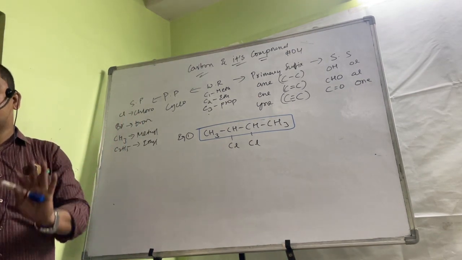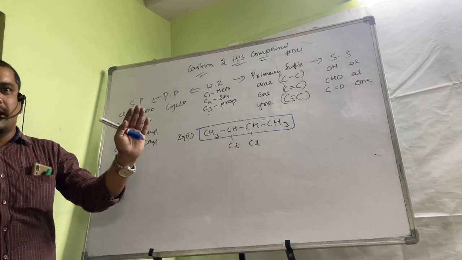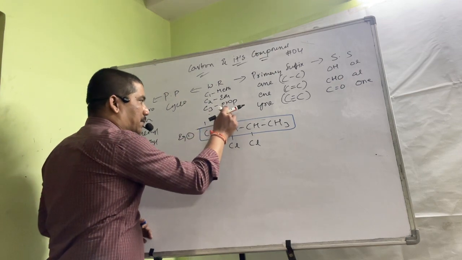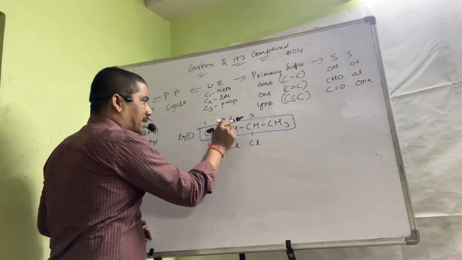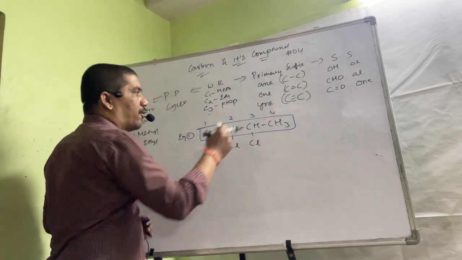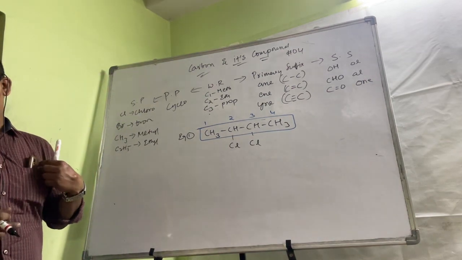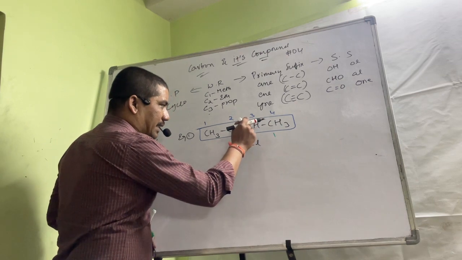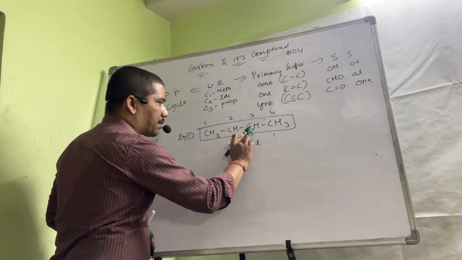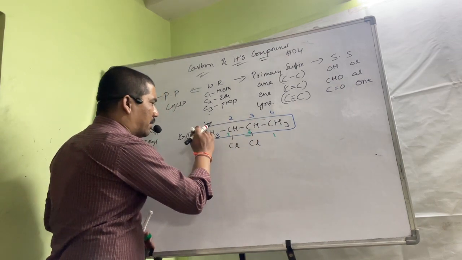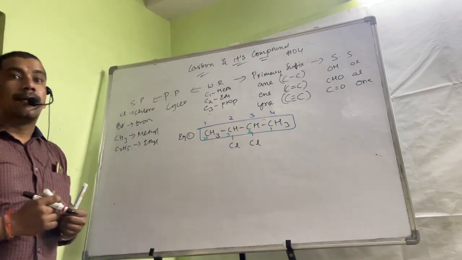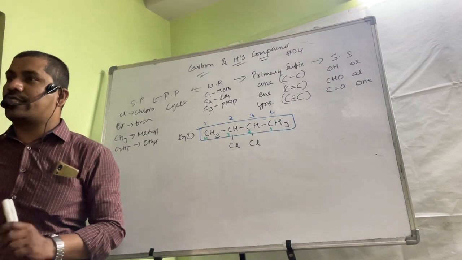Now you do numbering, either from left to right or right to left. So first I am doing left to right. First carbon, second carbon, third carbon, fourth carbon. And parallelly, for example, right to left. First, second carbon, third carbon, fourth carbon. Clear with this point, everyone? But any one will be correct. You cannot write both.